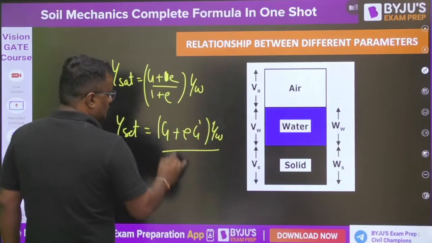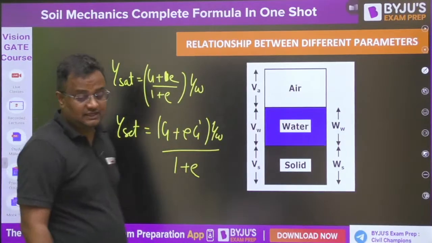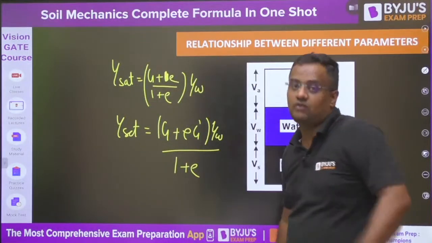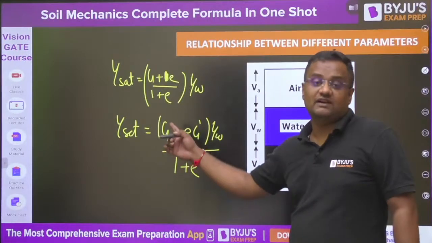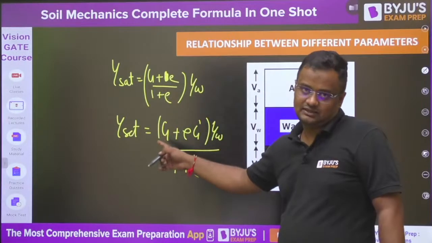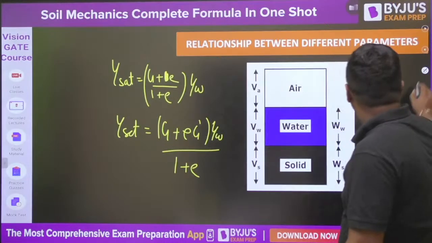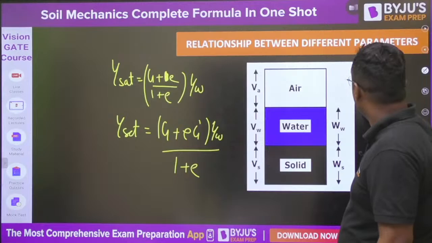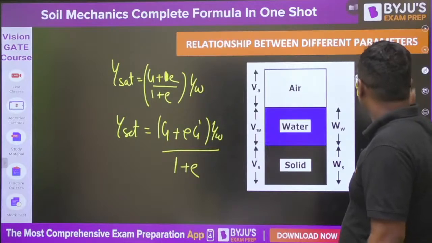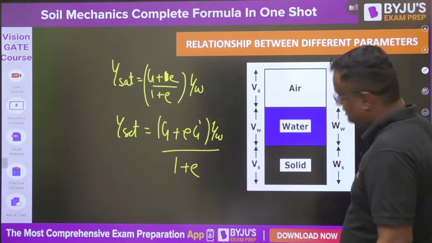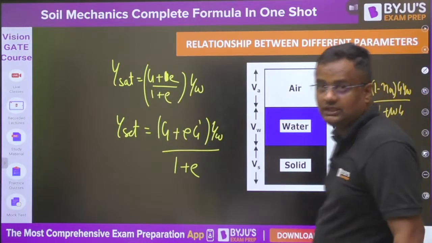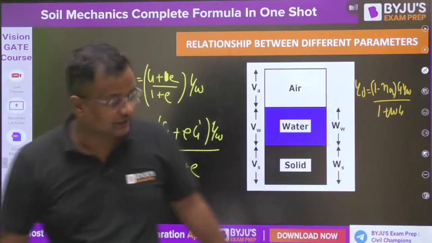Here G dash is the specific gravity of that liquid which is filled in the voids, and this time a question in the effective stress chapter in GATE has been asked from this. Now there is one more formula: gamma d is equal to 1 minus na, na is percentage air void, G gamma w upon 1 plus wG. Okay sir, got it sir.